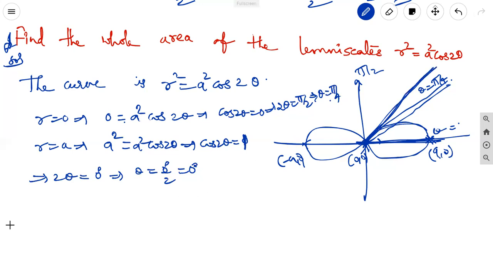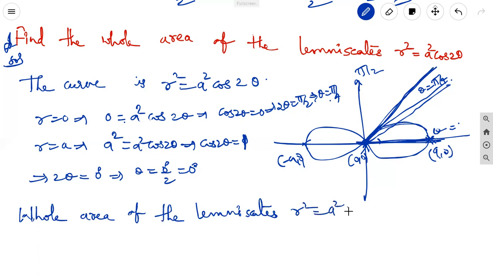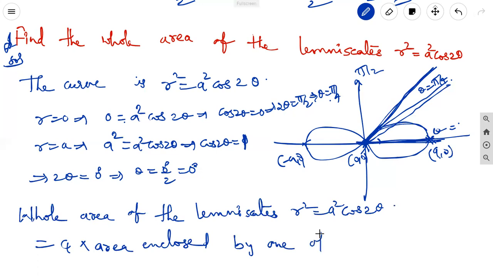Here, the whole area of the lemniscate r square equal to a square cos 2 theta is equal to 4 into the area enclosed by one of the lobes above the initial line.